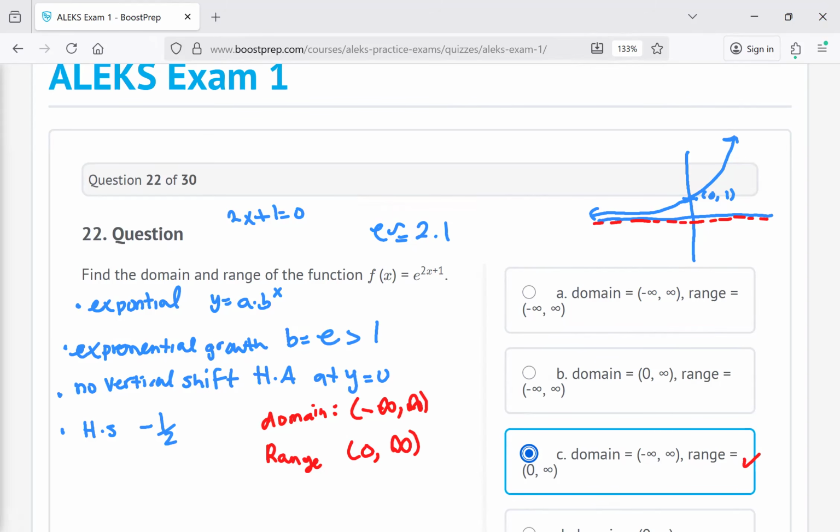I'm still here. I got to change my writing tablet. Okay, so I believe it's C.